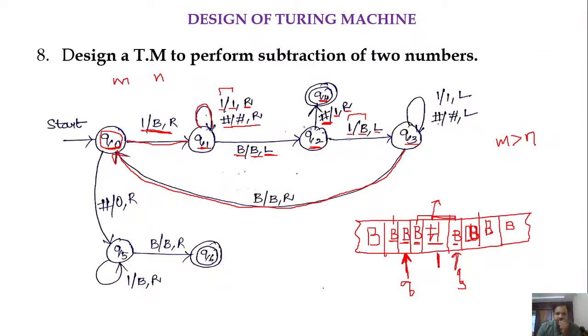So in q2 if we get hash, it means we have completed cancelling all the ones in n with respect to the number of ones in m. At this point, whatever hash is there, we convert that hash into 1.